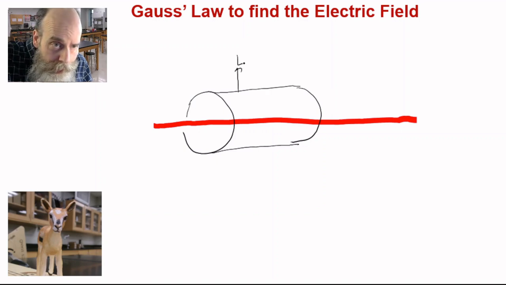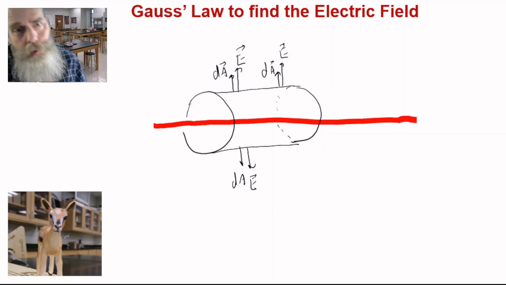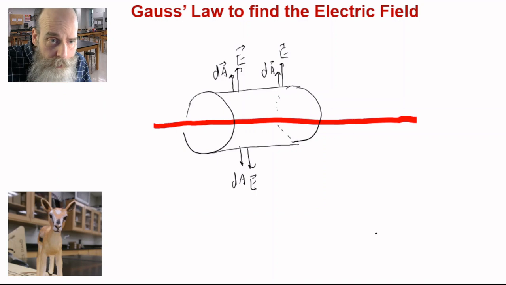So there's E. And dA is always parallel to E throughout the curved surface. So here at the bottom, and at the two ends, E and dA are perpendicular.